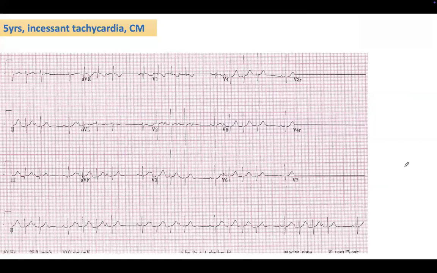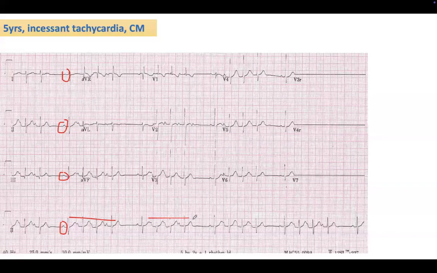And then you can see the patient has P positive in leads 1, 2, 3, and aVF. Perhaps a sinus P wave, but then it goes into a rapid heart rate, and then stops, and then a sinus P wave, then a few beats of tachycardia, and then stops, and so forth.